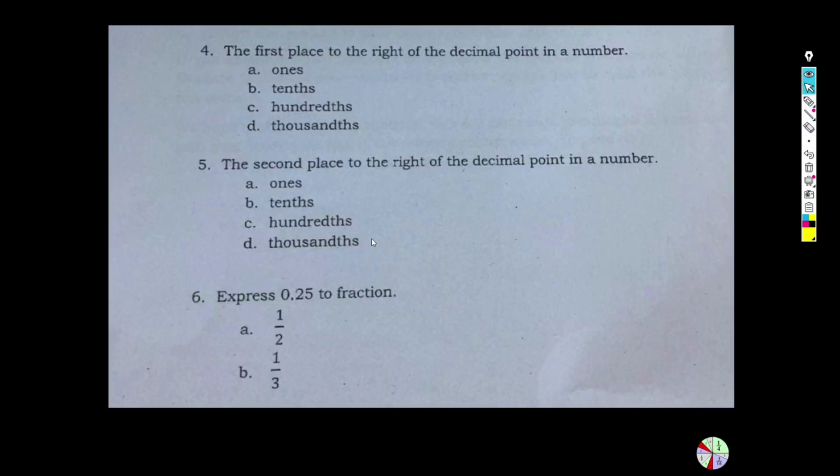Number 4. The first place to the right of the decimal point in a number. Okay, so if there is a number, just like our example, 1.75, the first place to the right of the decimal point represents what? It represents tenths.